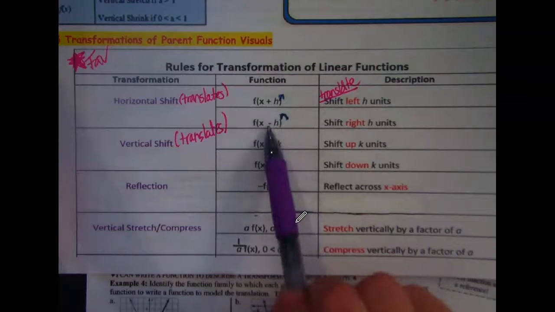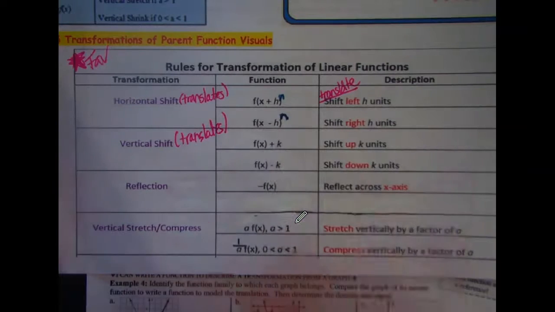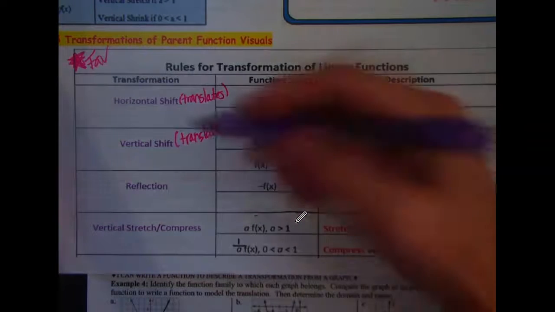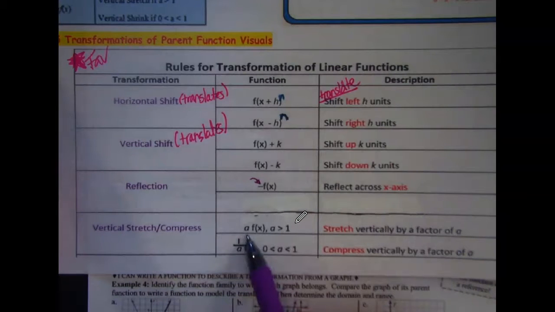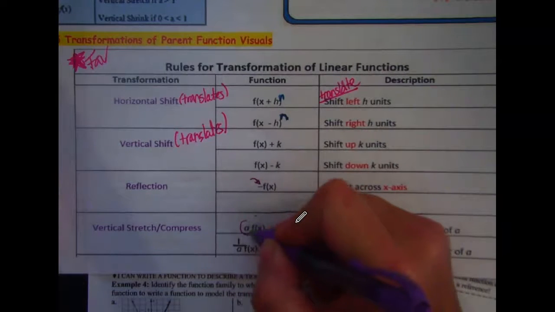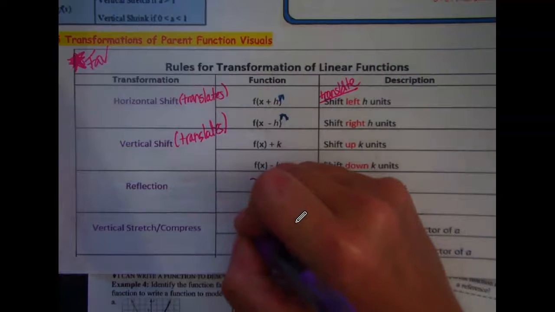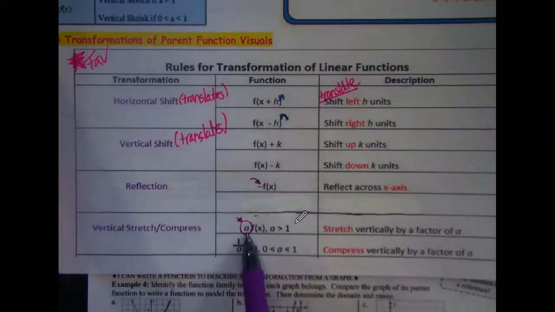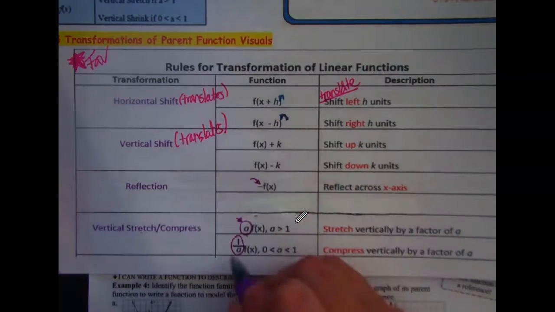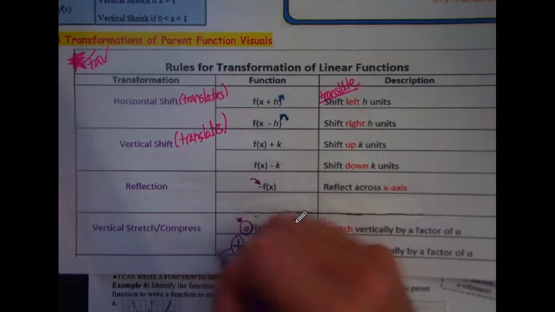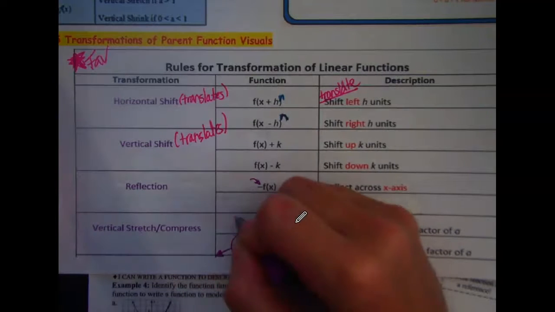So I know it's not this, f of x, and then we don't have plus a number yet. I'm just going through this one. When we reflect, it's just a negative out front. So now I go here. This one has a number. This is what we multiply out front. That's when there's a number out front. If the number is a whole number, it's called a stretch. And then if it's a fraction that we multiply by, it's called a compression, or you make it smaller. It's a type of dilation.